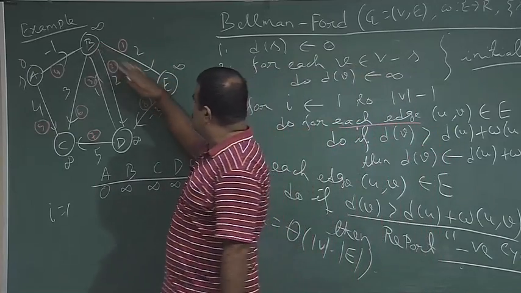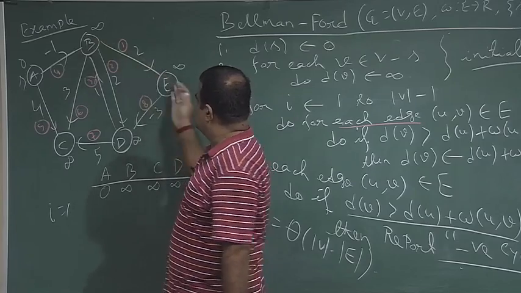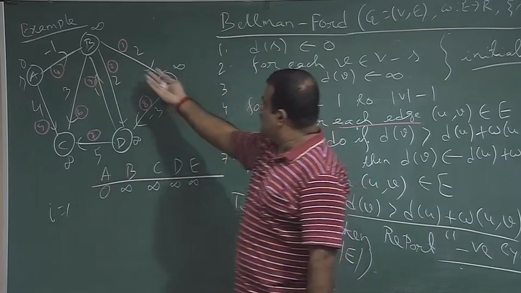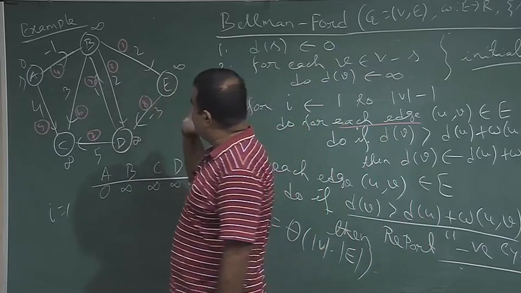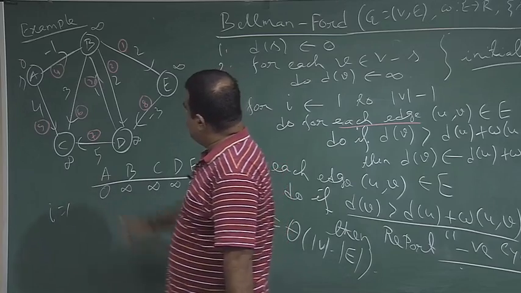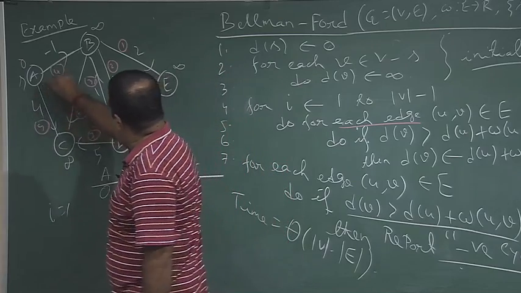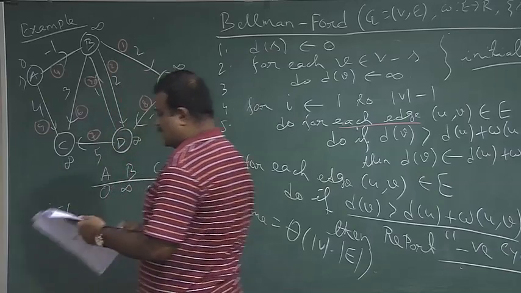So we check edge number 1 and see whether we could relax this vertex. This is u, this is v. No, because this is infinity plus 2, infinity. So no gain. We check edge number 2, nothing, edge number 3, nothing, edge number 4. For edge number 4, this is u, this is v, so this has a chance of relaxing this edge.